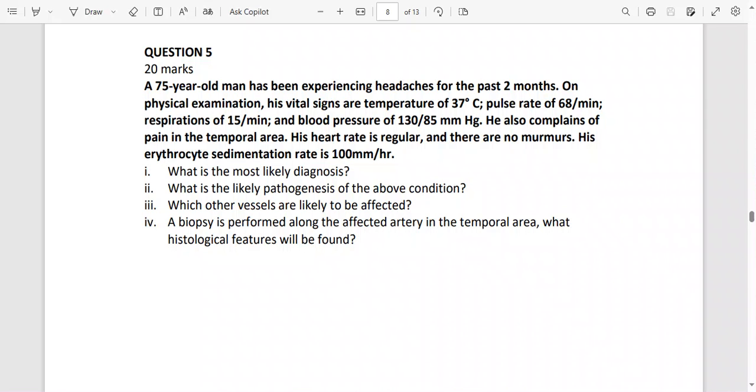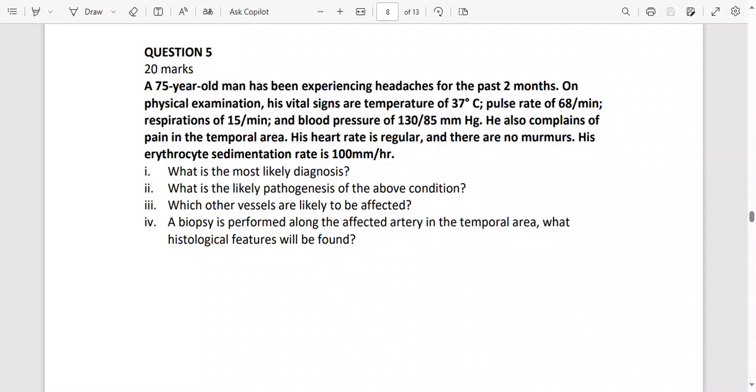A year-old man has been experiencing headaches for the past 2 months. On physical examination, his vital signs are temperature of 37 degrees Celsius, pulse rate of 68 per minute, respiratory rate of 15 per minute, blood pressure 130 over 85.